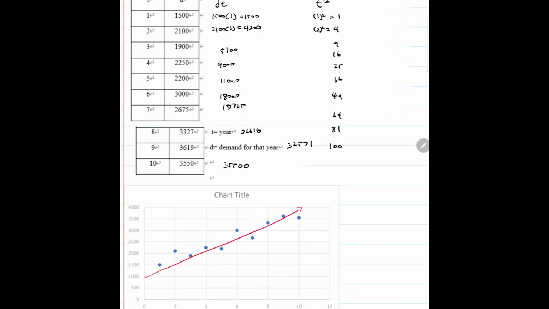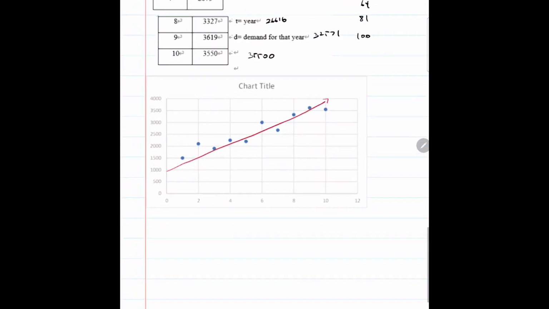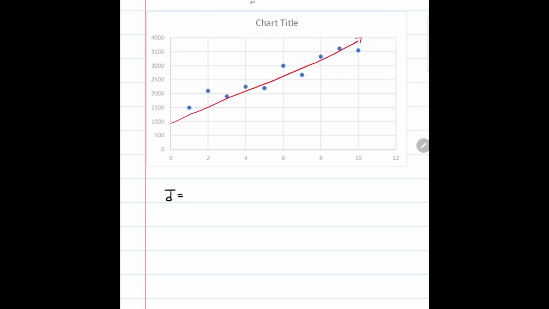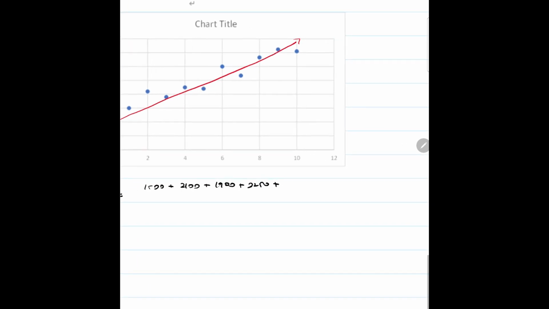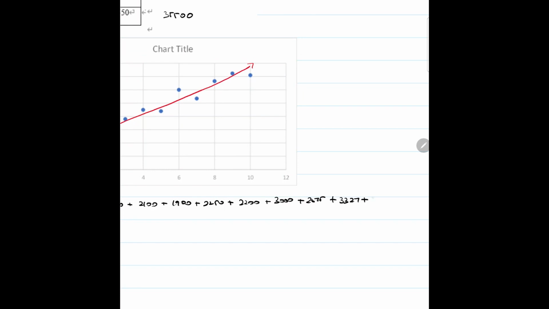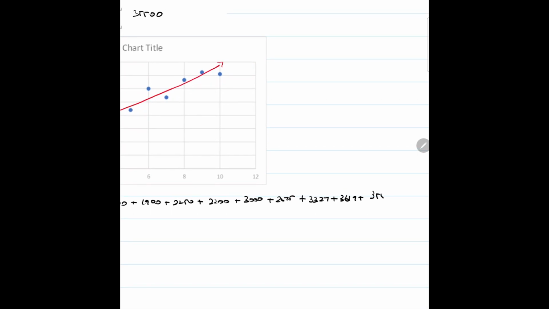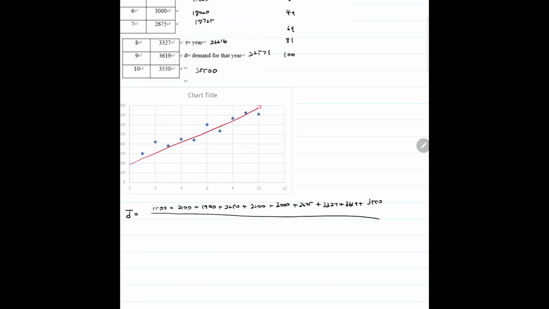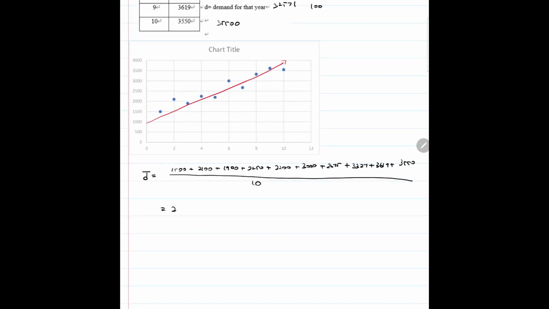We need the average of demand, which is D bar, divided by n, which is 10. And it comes out to be 2612.1.